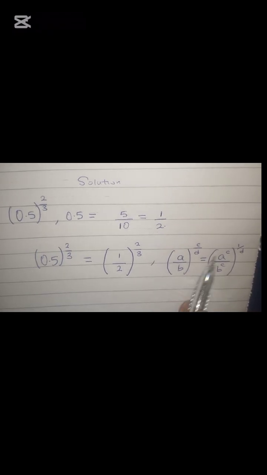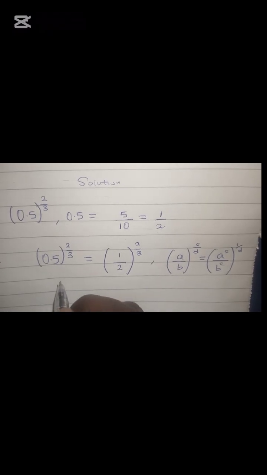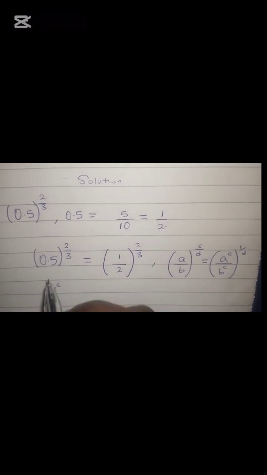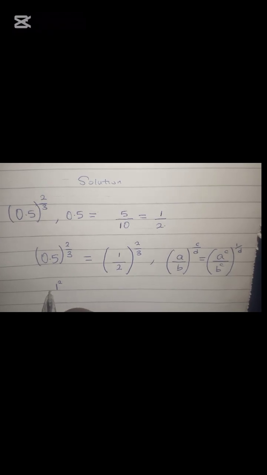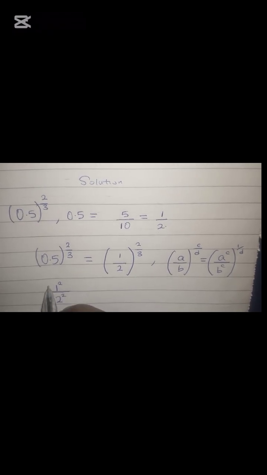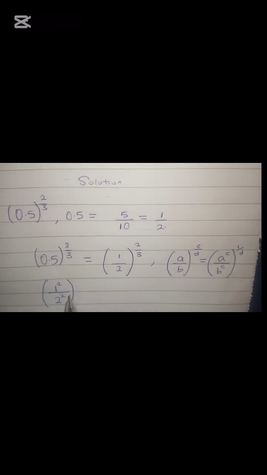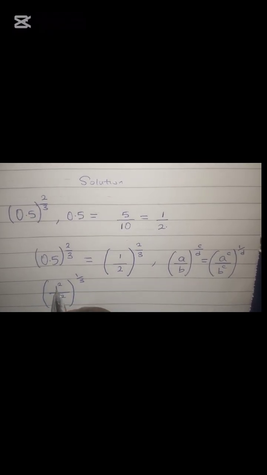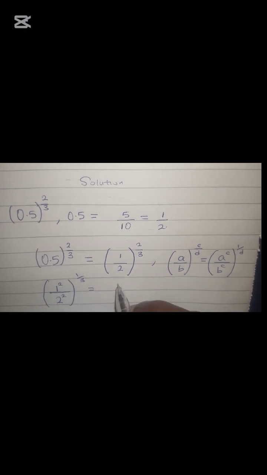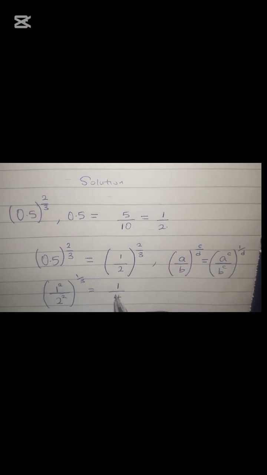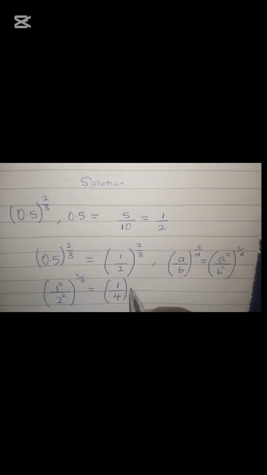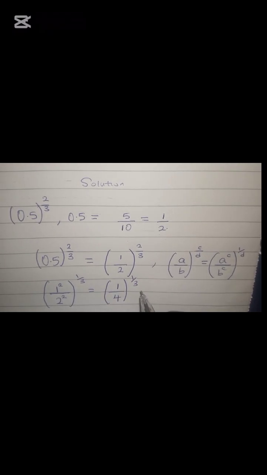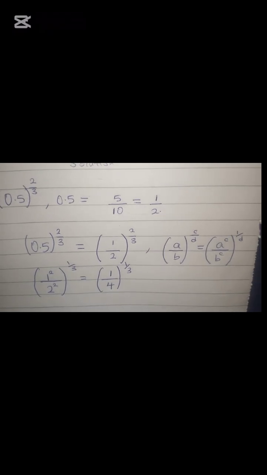If we apply this rule, we are going to have (1^2 / 2^2)^(1/3). 1 to the power of 2 gives us 1, and 2 to the power of 2 gives us 4. We are having (1/4)^(1/3). So this is what we are now having.